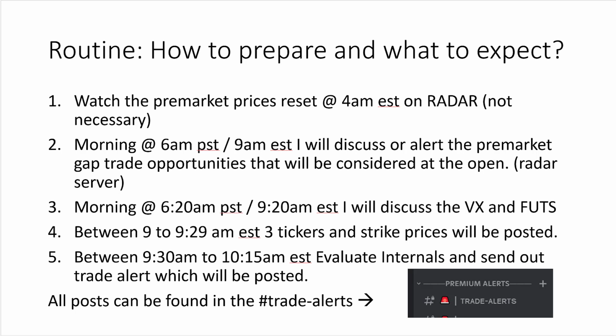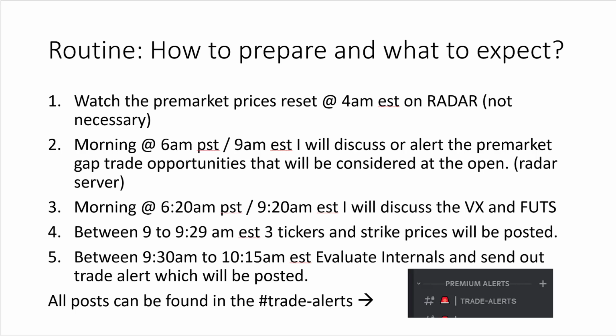The routine is basically, like I mentioned before in the other videos, watching the pre-market line set at 4 a.m., and you can get an idea of which stocks are gapping and what are giving some clues of a reversal. And then at 9 a.m. Eastern time, 30 minutes before the market opens, I'll give a brief update on the market conditions.